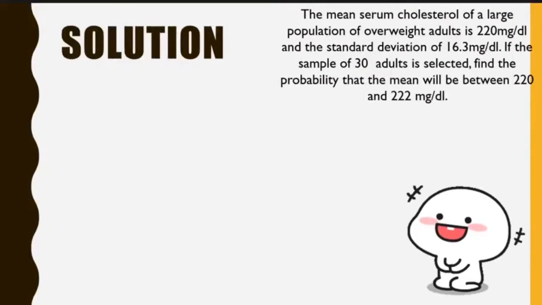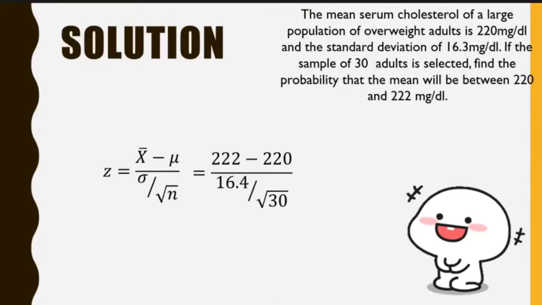Using the formula in the central limit theorem, substitute all the given, we will have 222 minus 220 divided by 16.4 divided by the square root of 30. Then, using your calculator, we can instantly solve for this and your answer will be 0.67.